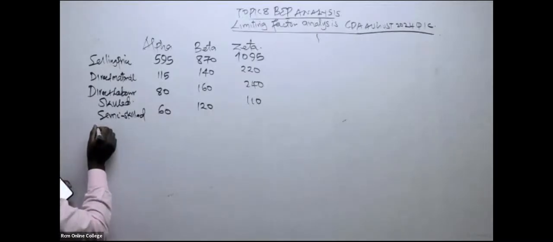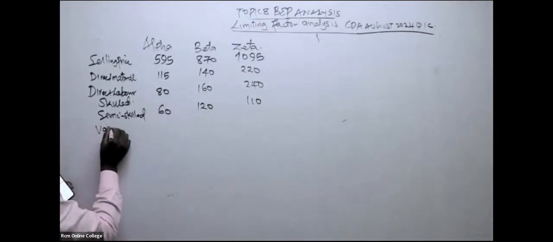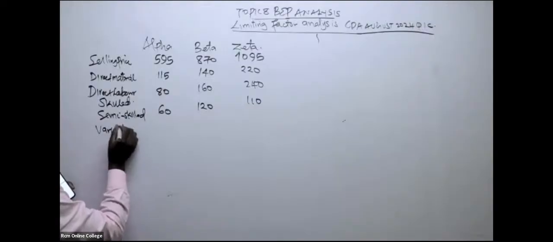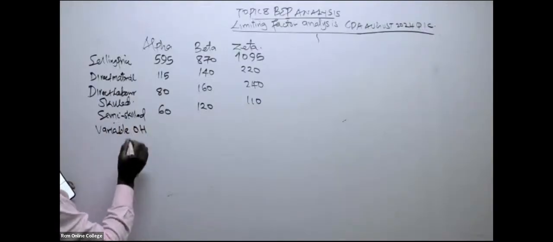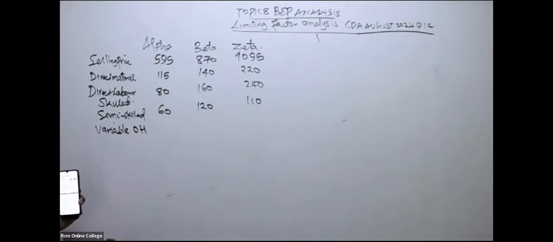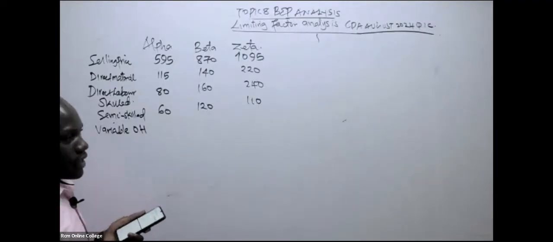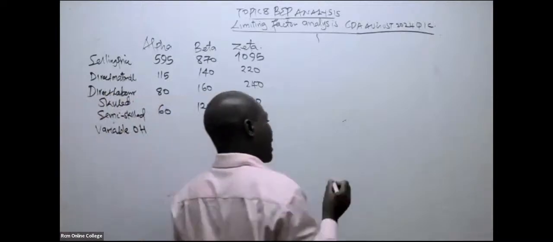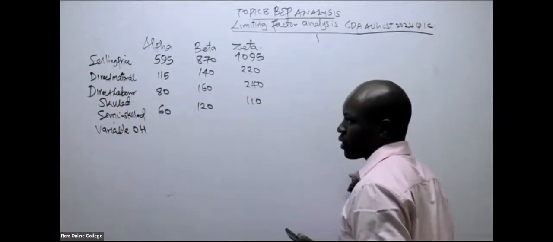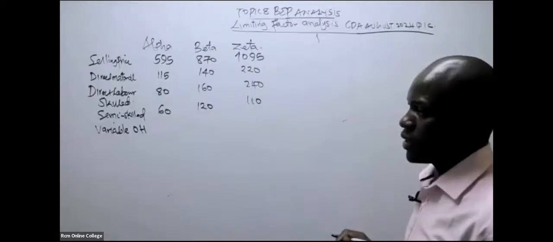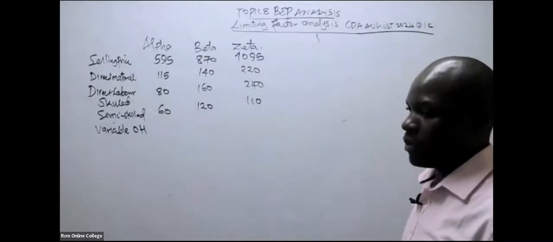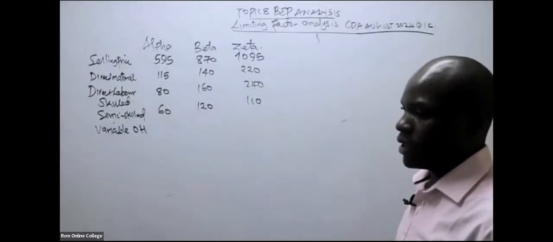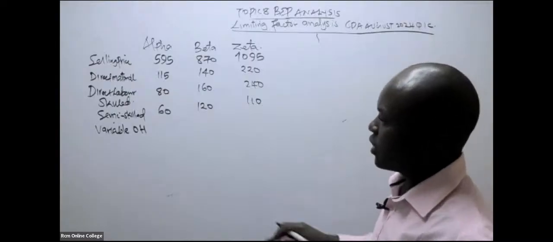So let's talk about variable overheads. These variable overheads are absorbed under two categories, right? We are being told that 100% of it relates to the skilled. So the skilled is this one here.